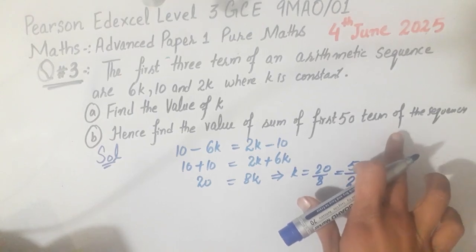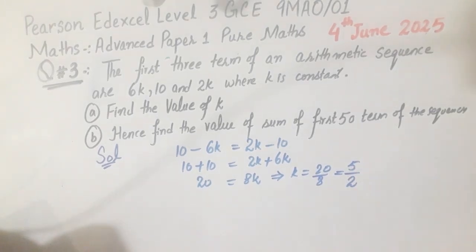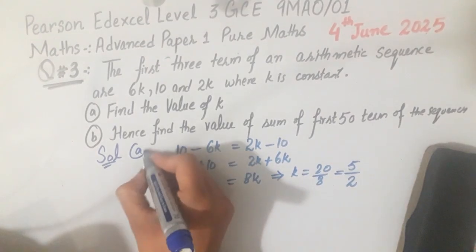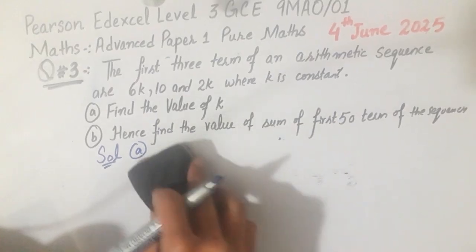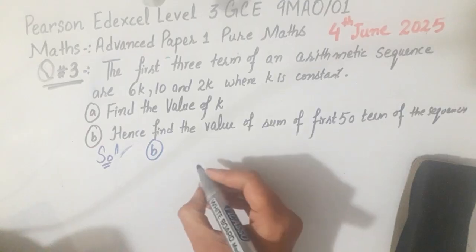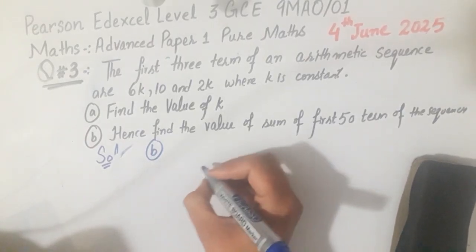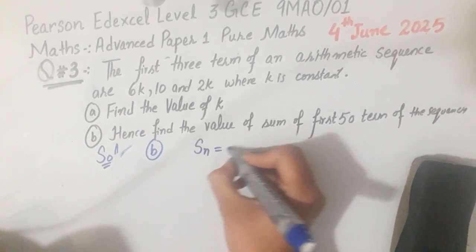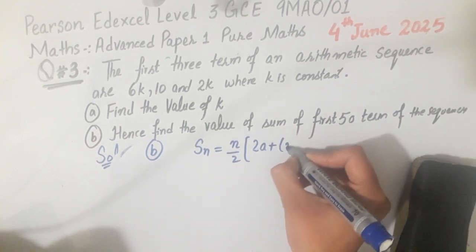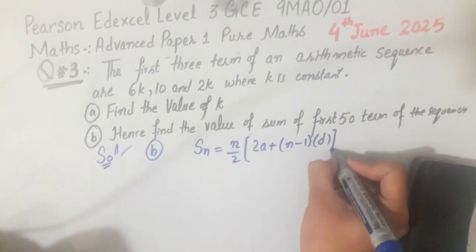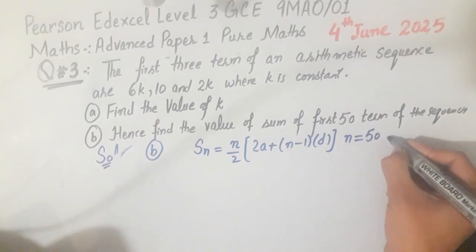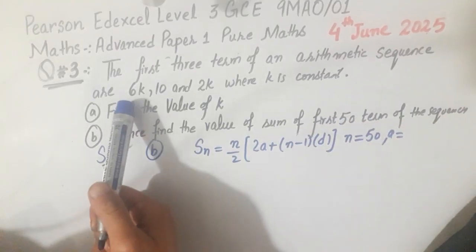This was the solution of A. Now for solution B we will apply the arithmetic series sum formula, Sn equals n by 2 into (2a plus (n minus 1) d). Here n, the number of terms, is 50, and the first term a is 6k.